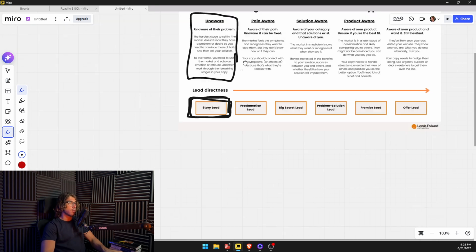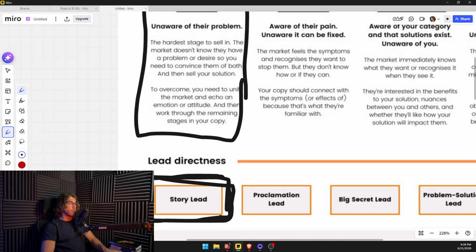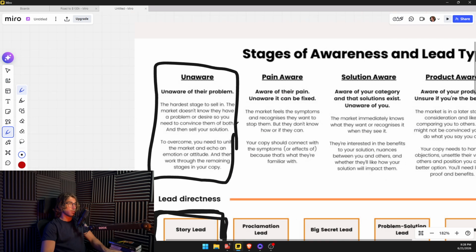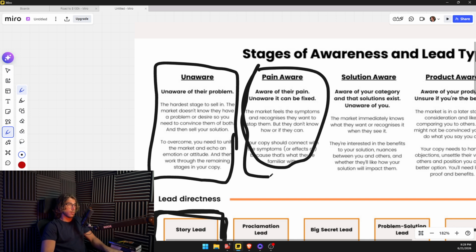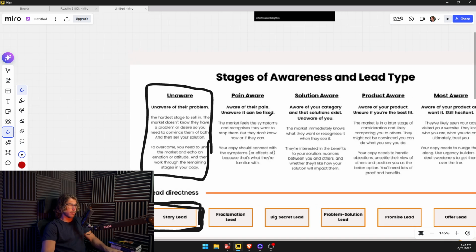It could be a founder story of how this person was dealing with unaware symptoms. Maybe they were sad all the time, blah blah blah, and they actually found out the root problem. Oh, it was XYZ. Maybe I wasn't around the right people, and so once I was around the right people, right, they're in a problem aware state: okay, I need to be around the right people, but I don't know how to be around the right people.